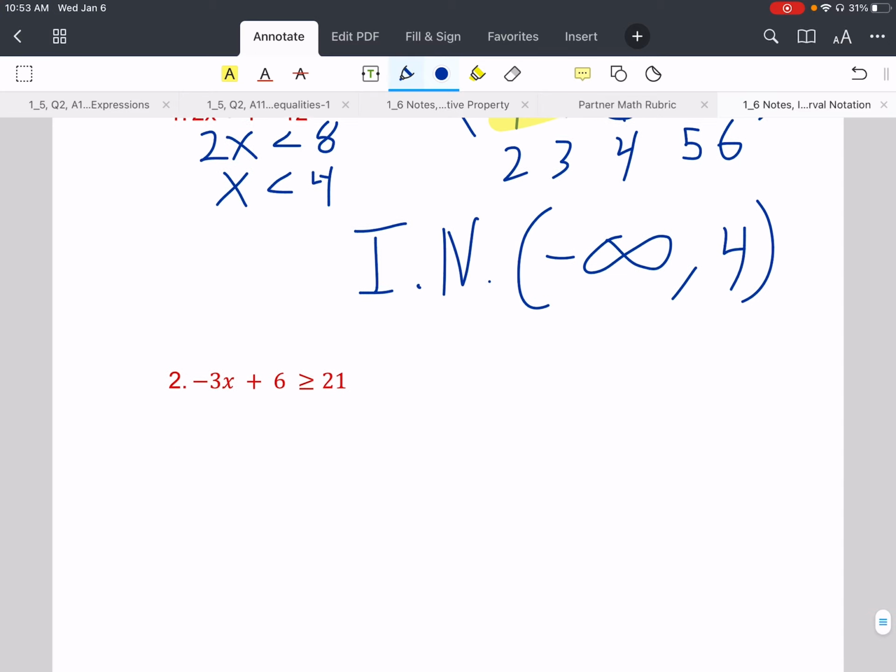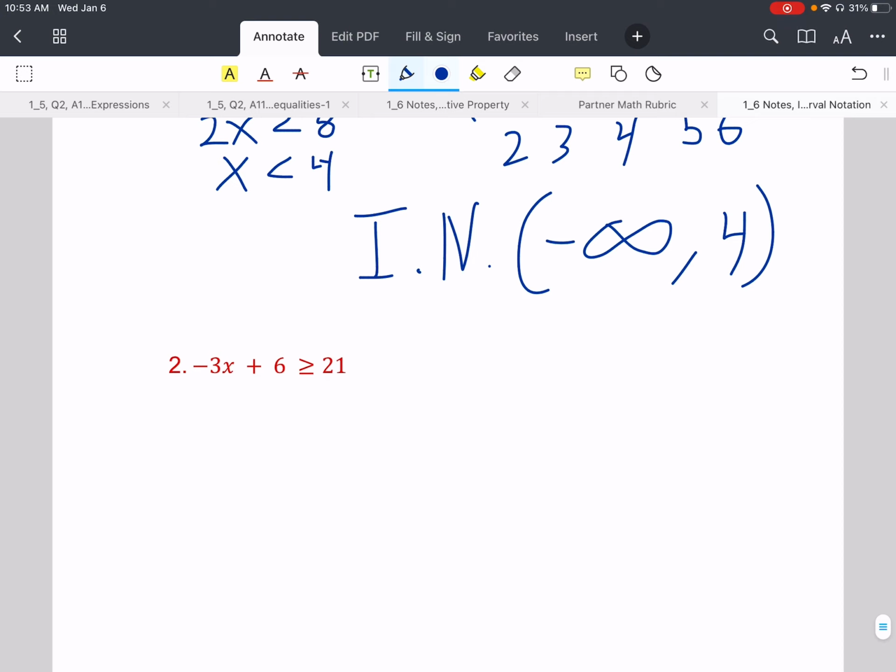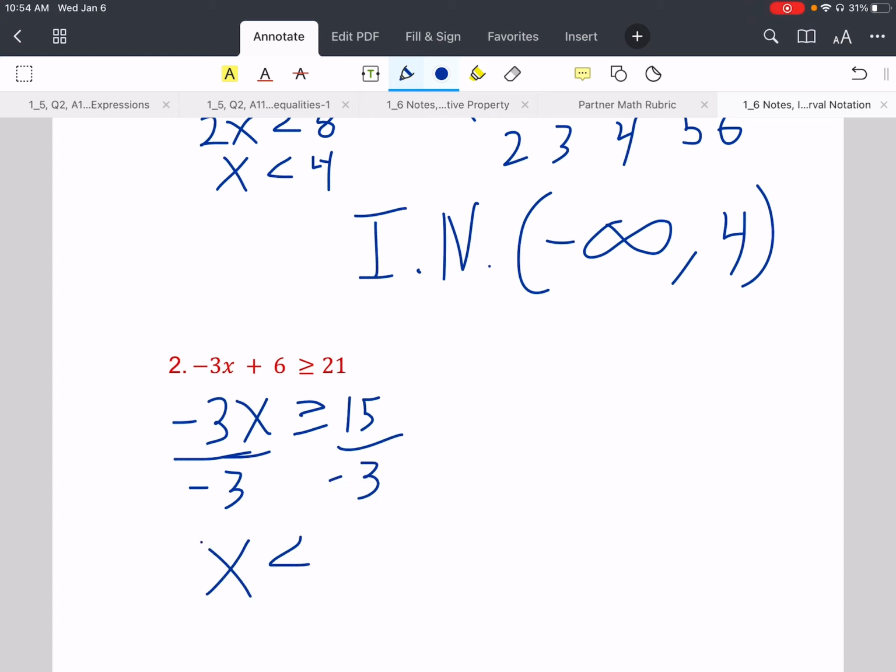Okay, one last example. We're going to subtract 6 from both sides of negative 3x greater than or equal to 15. We're dividing both sides by negative 3. So whenever you divide by a negative, we have to flip the inequality symbol. So x is less than or equal to negative 5.